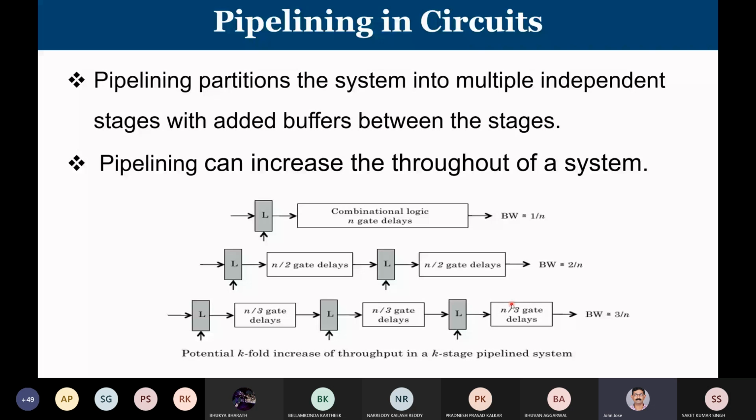At the same time, the middle n by 3 gate also reads from its latch, performs the operation and writes the result to the rightmost latch. Whereas the first one reads from the leftmost latch, performs the operation and writes the result into the middle latch. So by the time you complete a clock cycle, each of them has completed the operation and written the result into these latches.